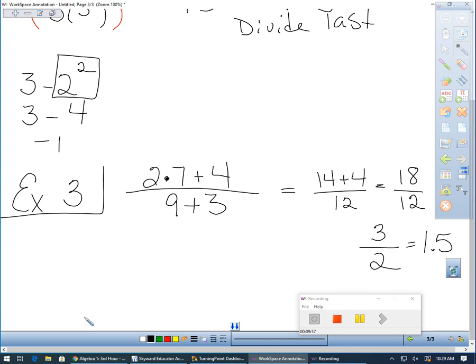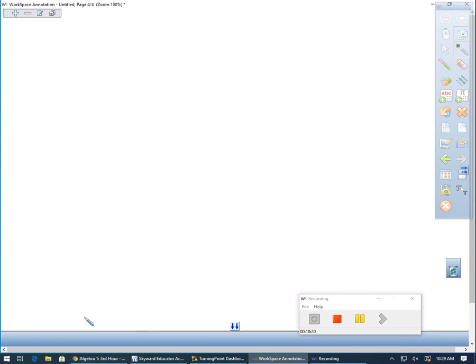So we use order of operations. We're simplifying expressions, but we also use it when we're evaluating. So let's talk about evaluating expressions.